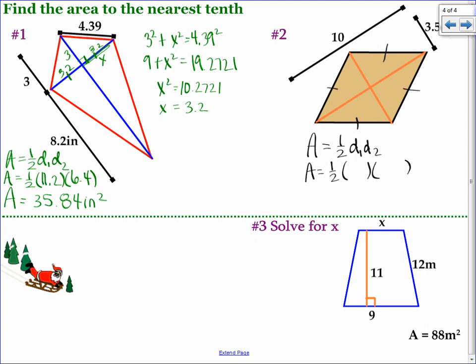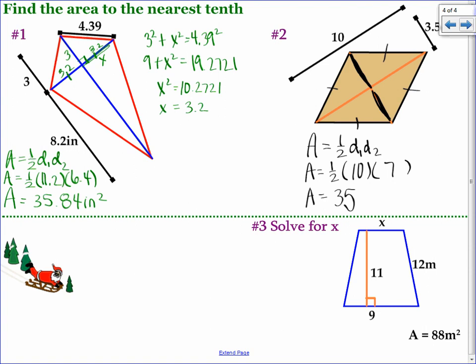So how long is one of them? 10. How long is the other one? 7. They just told us that this chunk is 3.5, so we have to double that. We get 35. We'll do one working backwards problem here at the bottom. But are there questions on those kites or diamonds?